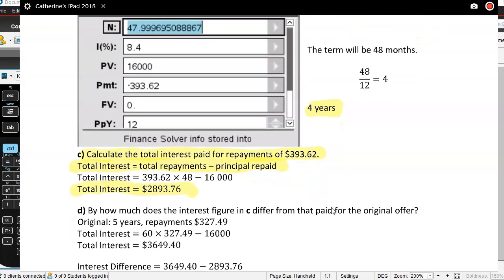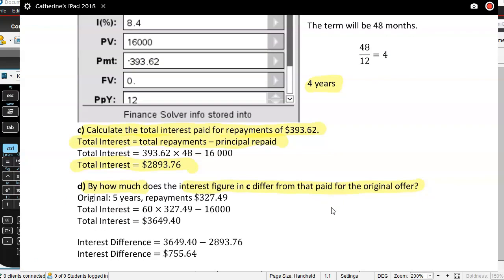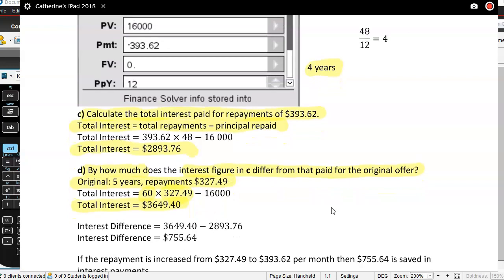By how much does the interest figure differ from that paid for in the original offer? So what's the difference? Originally, it was 5 years of repayments of $327.49. So that total interest was 60 payments worth of $327.49. Take away the $16,000, end up with $3,649.40, which is the interest paid in the original one.